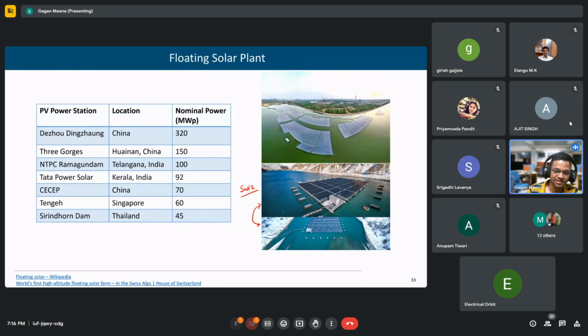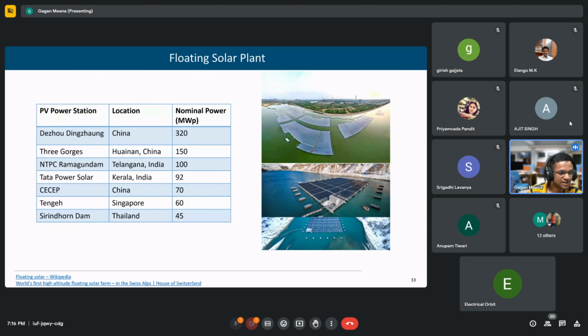Second is the sun rays which come on these snow-capped mountains reflect again. So the albedo effect, yes, correct. That also improves the performance of the solar panel. So these are some of the advantages. That is why we are using them now.